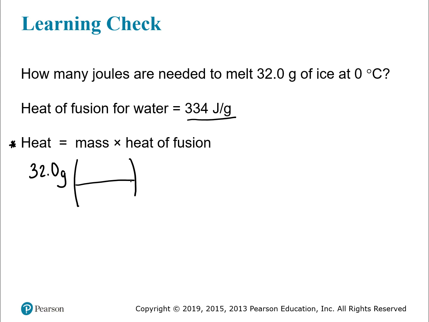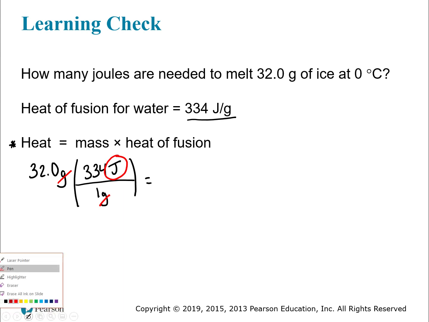The heat of fusion, which is what we use for melting and freezing, there it is. We've got grams in the numerator and grams in the denominator. That means that we've got joules left as our unit.